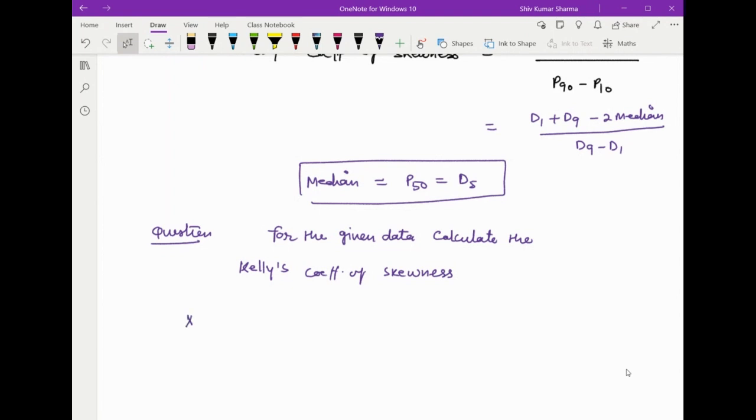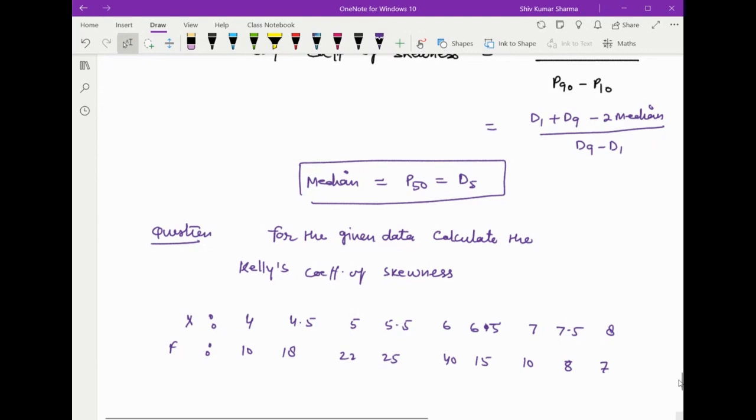The values of x are given as 4, 4.5, 5, 5.5, 6, 6.5, 7, 7.5 and 8, and the corresponding frequencies are 10, 18, 22, 25, 40, 15, 10, 8 and 7.